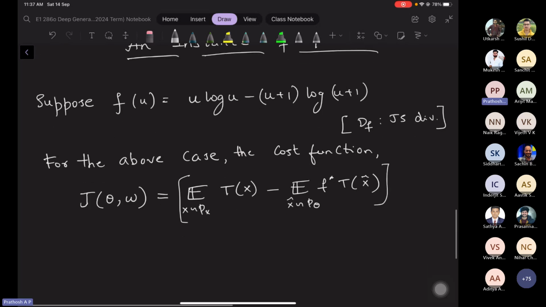Now, if you take this f and plug it in here, in the f-GAN paper they have given the f and the corresponding f stars. I will show you that.